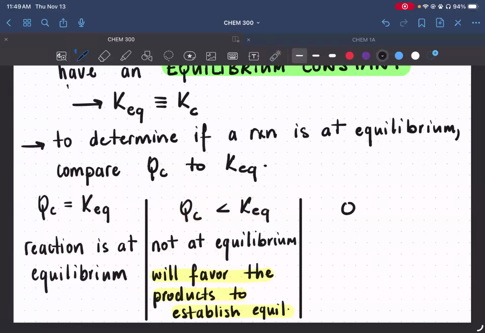The other option is if the calculated quotient is greater than KEQ. If it is greater, you are again not at equilibrium.